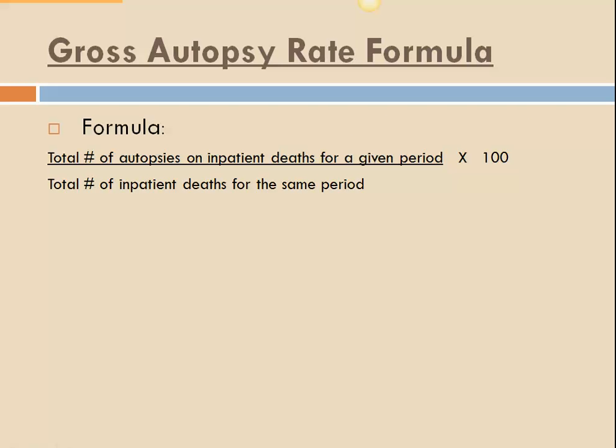The formula for gross autopsy rate is the total number of autopsies on inpatient deaths for a given period divided by the total number of inpatient deaths for the same period, then multiplied by 100. So your denominator would be how many inpatients died during a certain time frame, and your numerator would be, out of those deaths, how many had autopsies conducted.